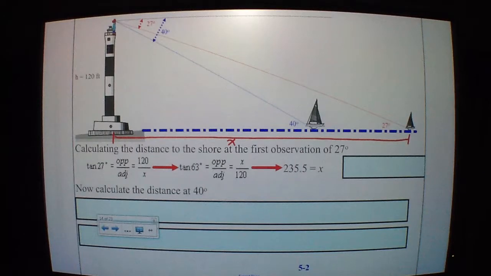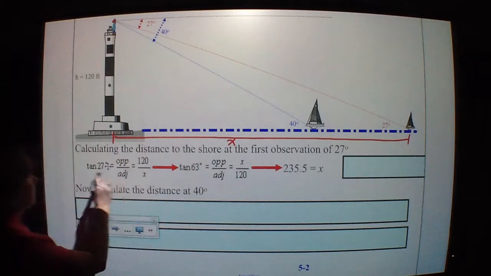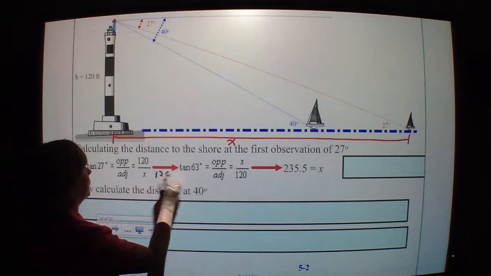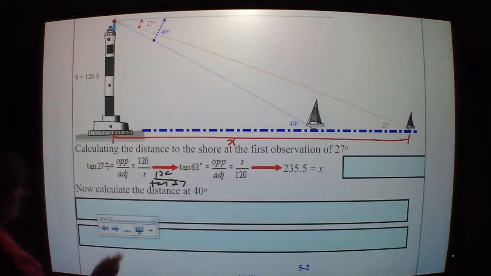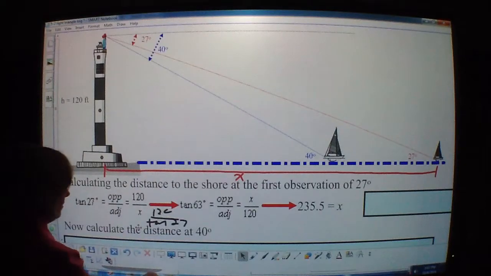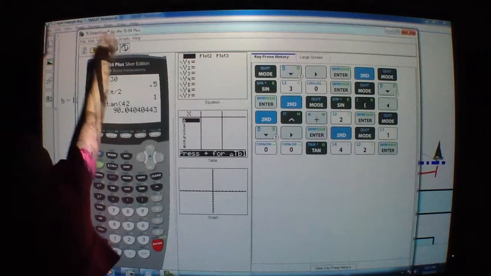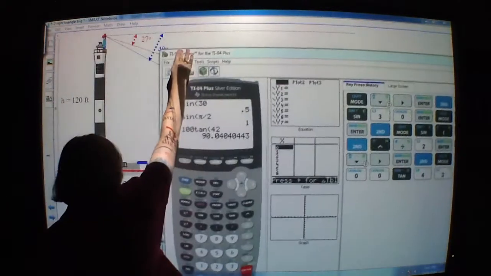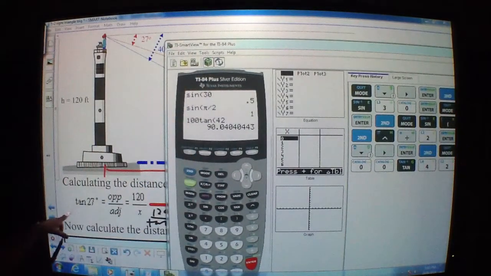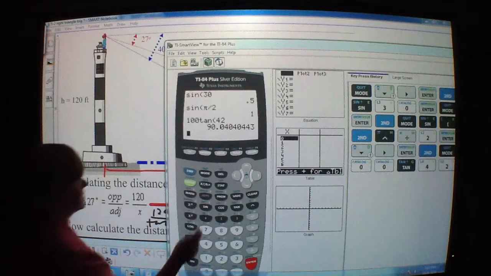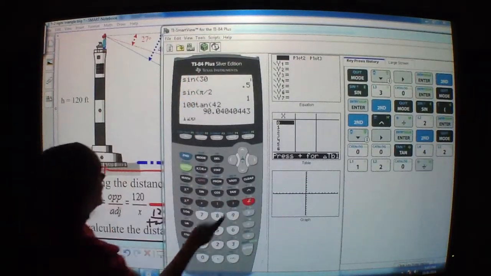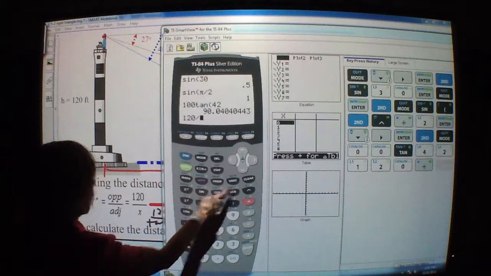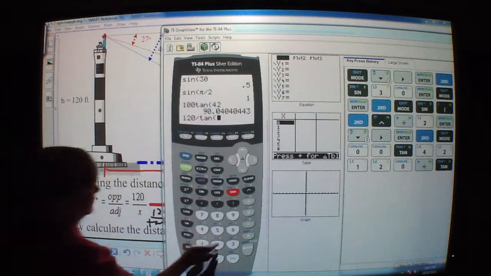Okay? So if you do this way right here, you do 120 over the tangent of 27. So let me do that. Grab my calculator. And like I said, on the calculator, you would do 120 divided by tangent of 27.